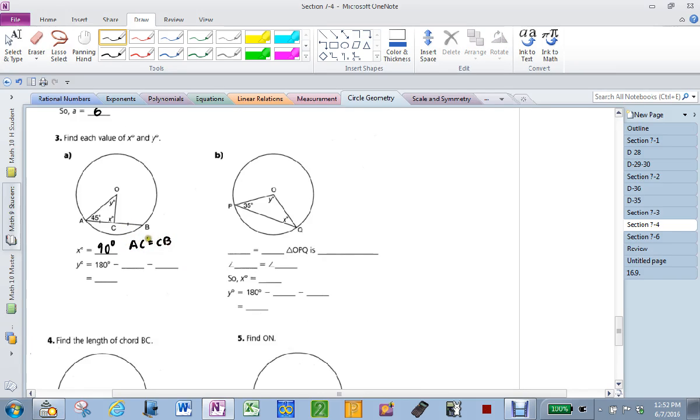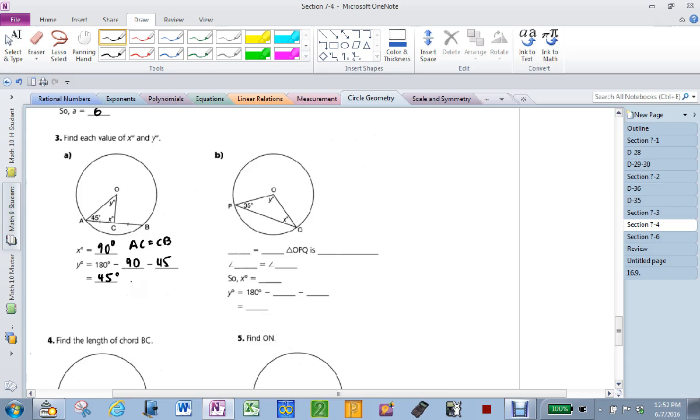So that must mean it's bisected. Yeah. So that makes that 90, which automatically means Y is 90 minus 45. So what is Y? 45. Cool in the gang? Yeah. Okay.